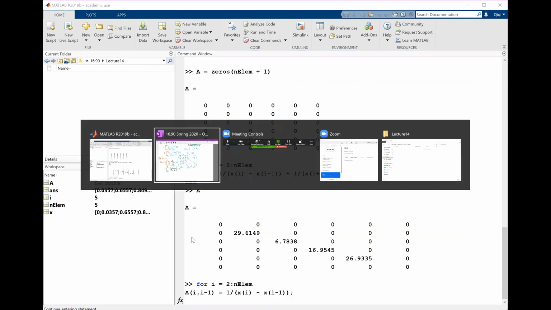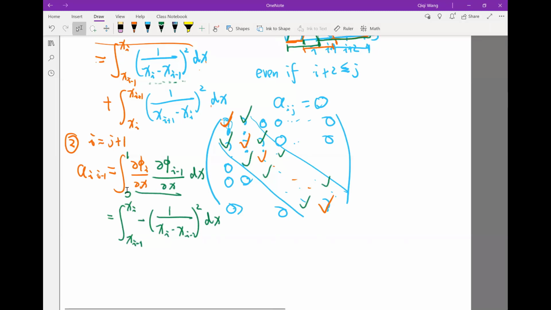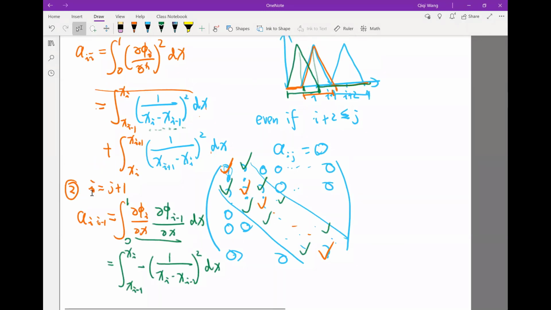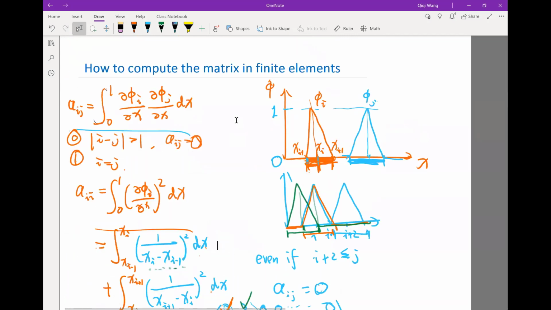All right. And then if you look carefully at this, you're going to see that if instead of i equal to j plus 1, you flip them over, the matrix is the same. It's pretty clear even from the definition of A_ij that if you switch i and j, the value of this integral doesn't change. So it's a symmetric matrix.